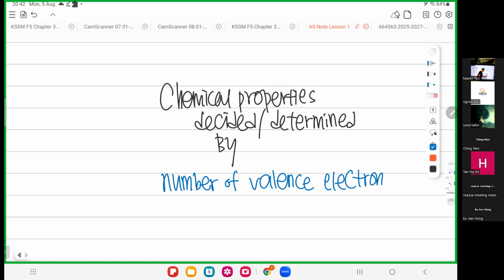If you only say number of electrons, it is wrong. Number of valence electrons. So what is a valence electron? The outer electron. How many outer electrons do we have?